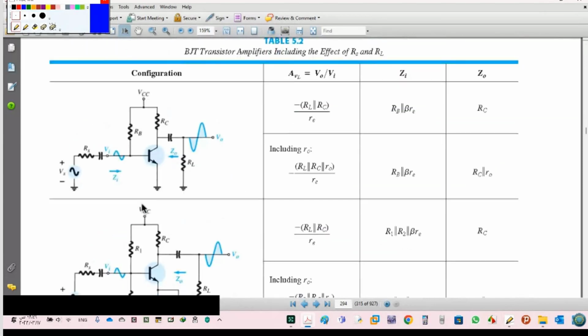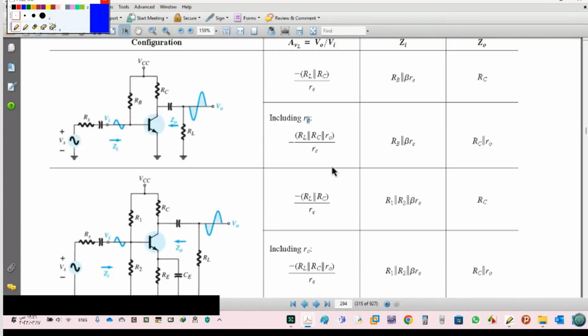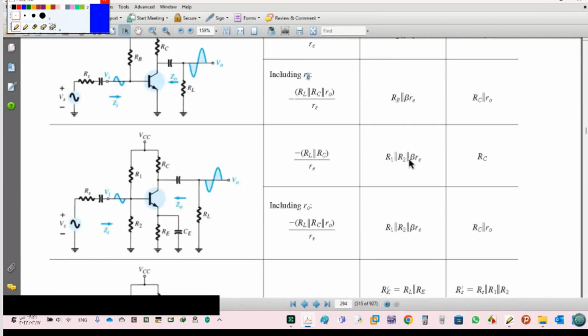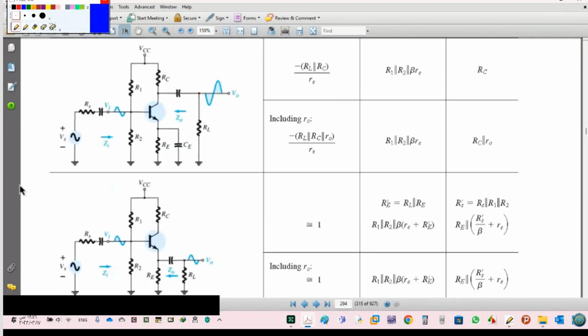Here we are talking about the second part, how we can find the configuration for AV load. If we are, for example, common base or common emitter, you can find AV load, ZI, ZO, including RO. If you have RO, it's just RL, RC, and RO. Here for voltage divider, same thing, just we add R1 and R2 in parallel.